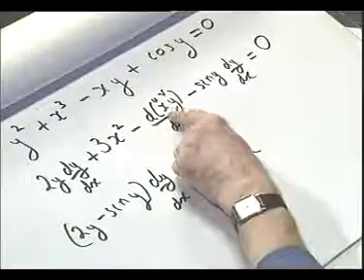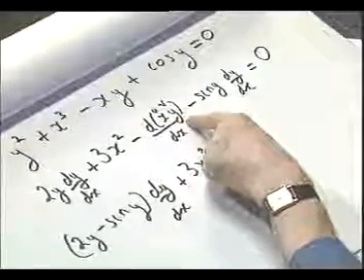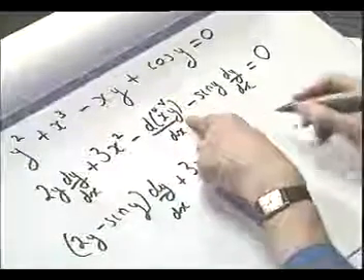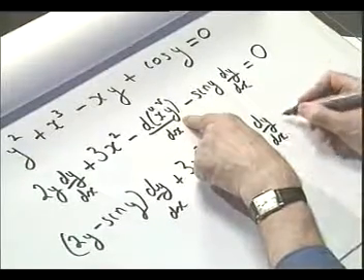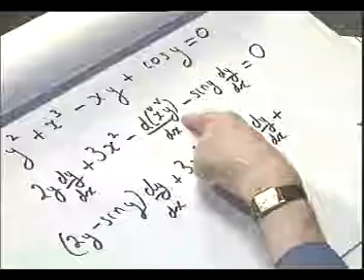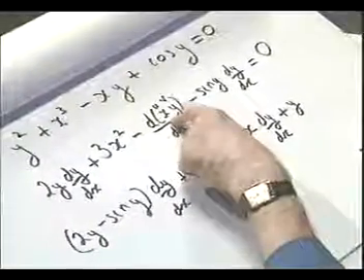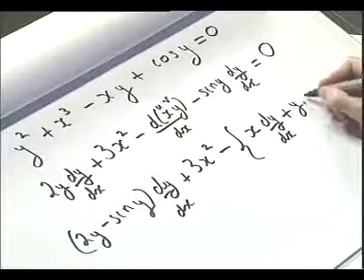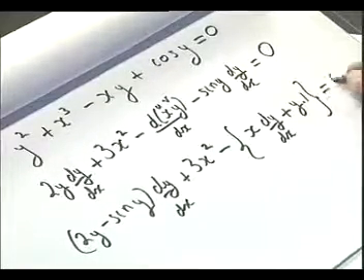So we want u times the derivative of y with respect to x, which is just dy by dx, plus v, which is y, times the derivative of x, which is just 1, equals 0.